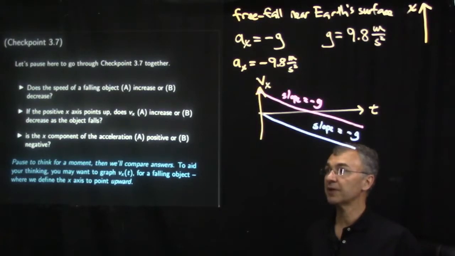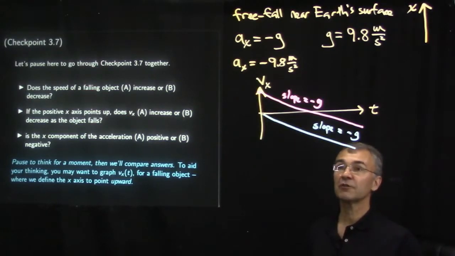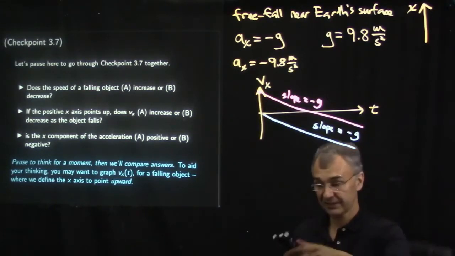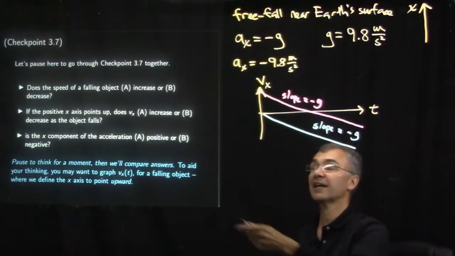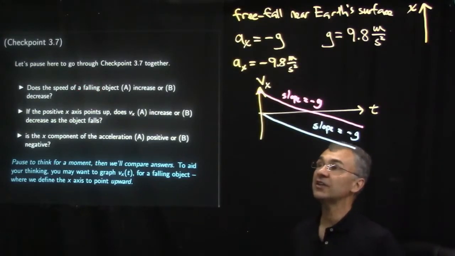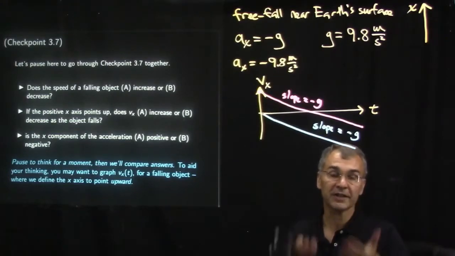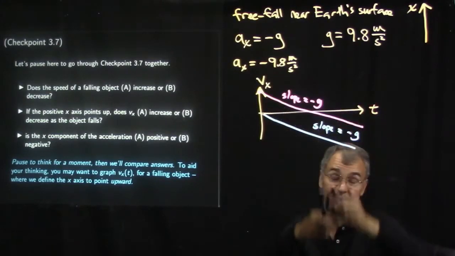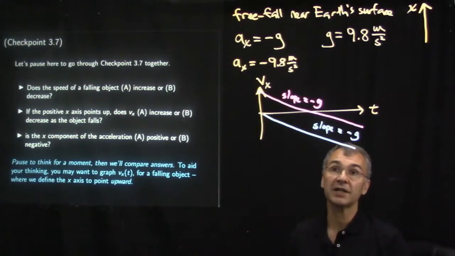Okay, so if you're really talking about an object which is falling, now this is interesting. I would want to go back to the checkpoint and ask what exactly he is asking, because usually when something is in free fall, it actually could be going up, like after I threw it in the air. So it could be in free fall that whole time.